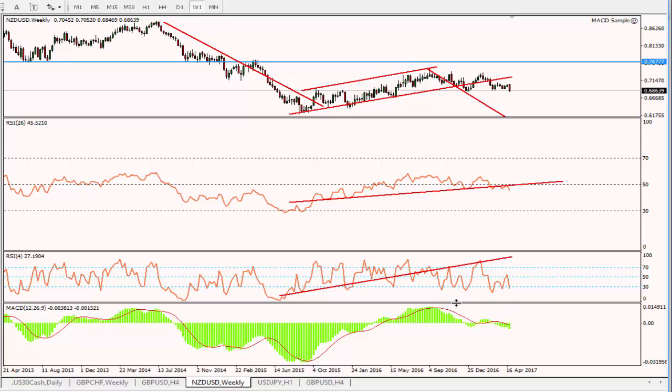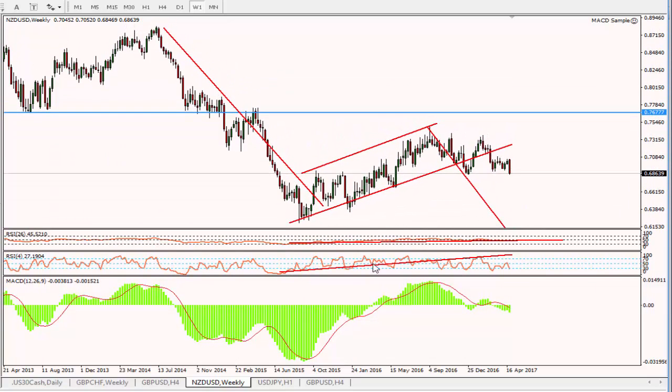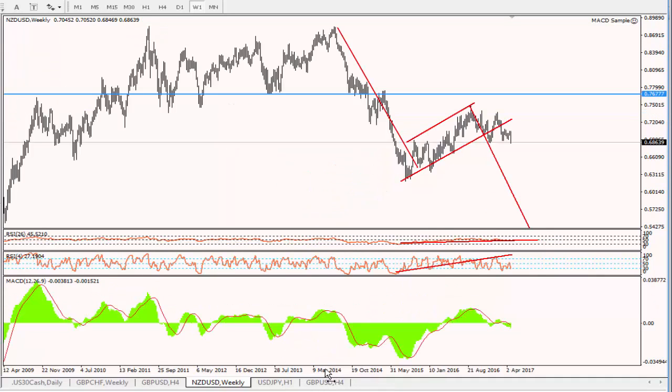Now on the weekly here, what we ideally want to see is a divergence. For the divergence, we use a MACD histogram. Now looking at the MACD histogram here, we can clearly see a divergence setup, and that is another confirmation of the downside move for this New Zealand dollar.